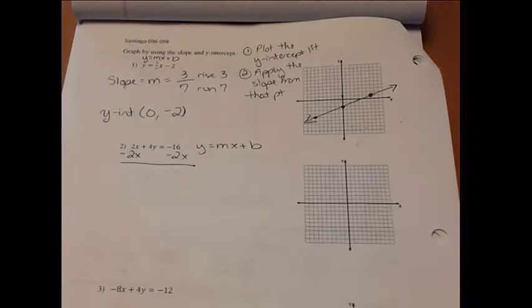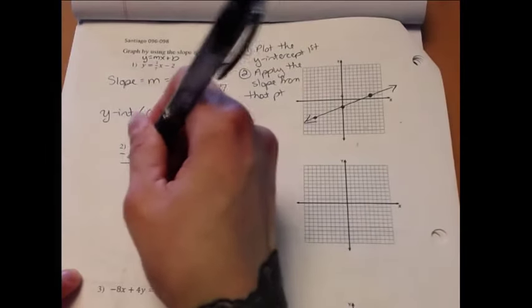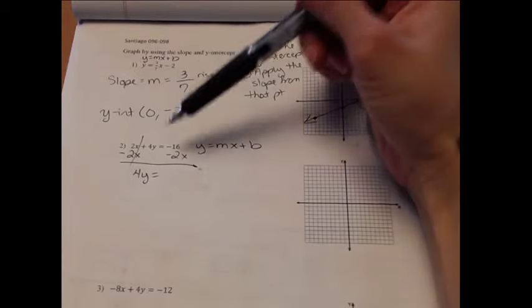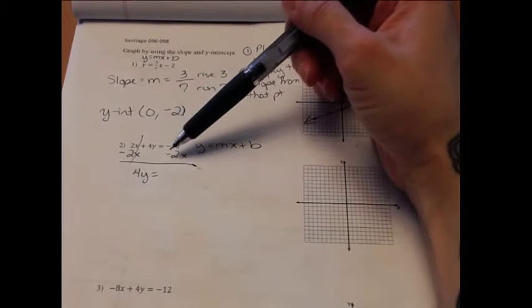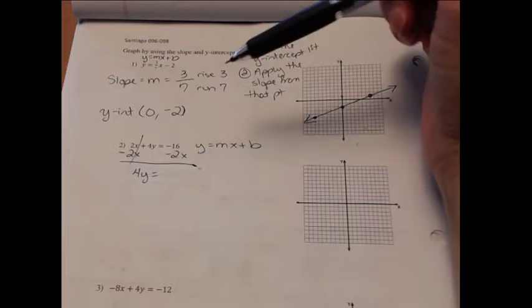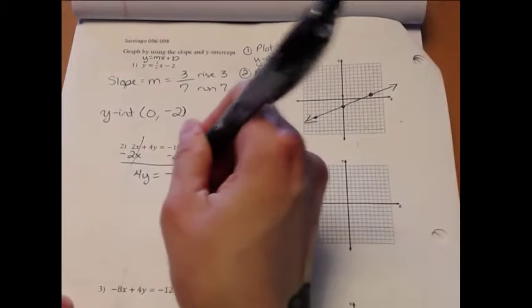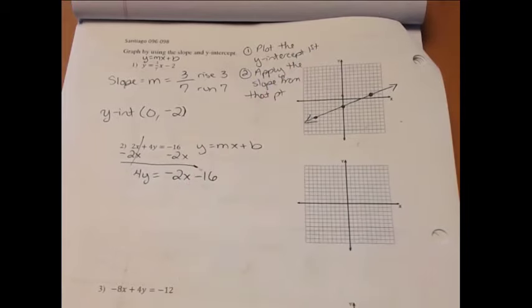Recall that when we want to move terms from one side of the equation to the other, we use the opposite operation, and you can only add or subtract terms to move them completely. So these are going to cancel, and that leaves us with 4y is equal to, and instead of writing -16 minus 2x, we want this in descending order. So we want the -2x to come first, then -16.